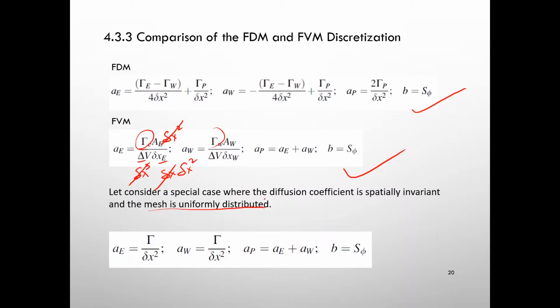If the diffusion coefficient is the same for east, west, and P as well, this will be cancelled out, and this will be cancelled out, because these two have the same value, and these two have the same value as well. So you just substitute this with the same value. For this kind of case, the diffusion coefficient is only one value, so both of them will get the same result. For this kind of case, FDM and FVM give the same results.